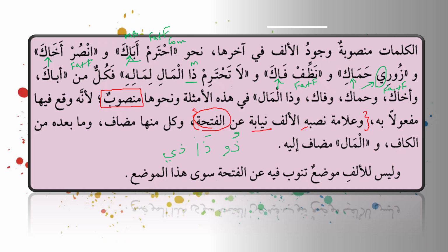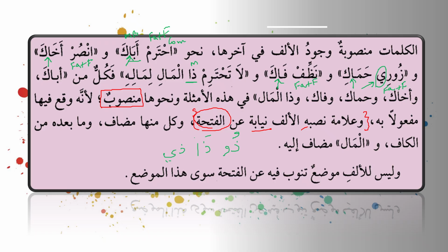Niyaba means representing. So this alif is representing what? The fatha. This is what you have to say in Arabic for the i'rab. And all these, as I told you in the previous slide, abaka, akhaka, are in idafa structure because the noun has come with a damir, so it makes an idafa in itself.